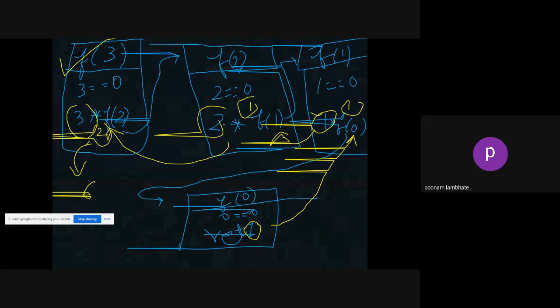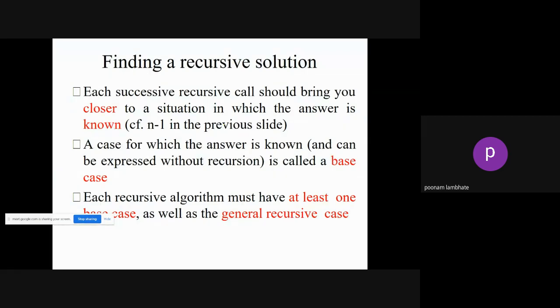Okay, I hope you have understood the recursion tree and also this block kind of diagram to understand the recursion. Okay, just recollect what all I have taught till now. Each successive recursive call should indicate that you're going closer to the base case.